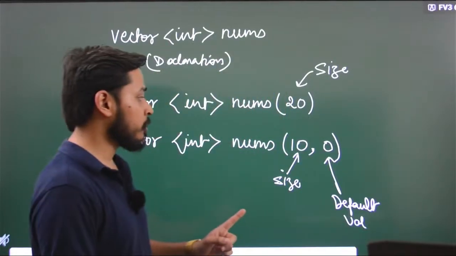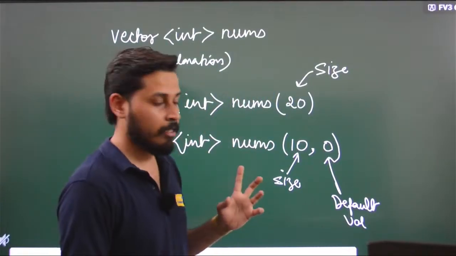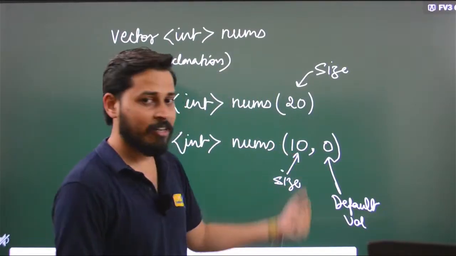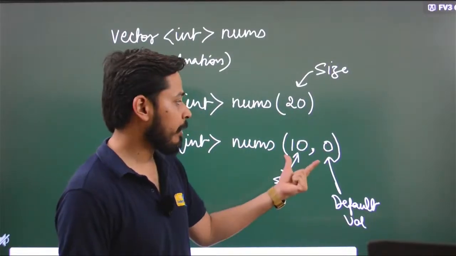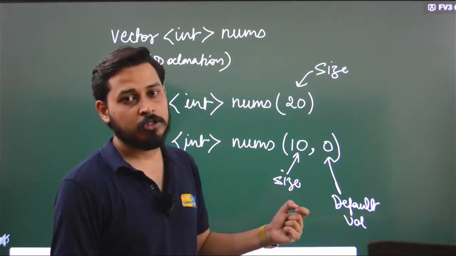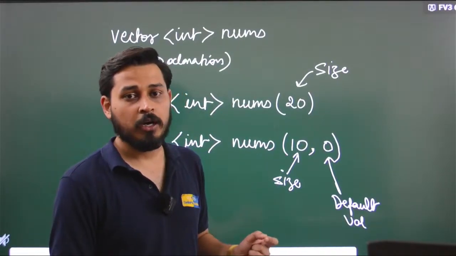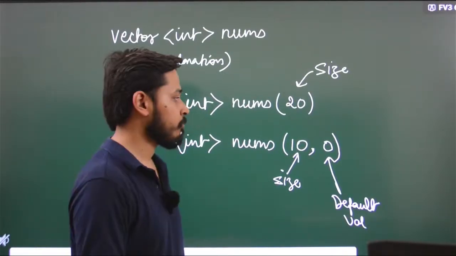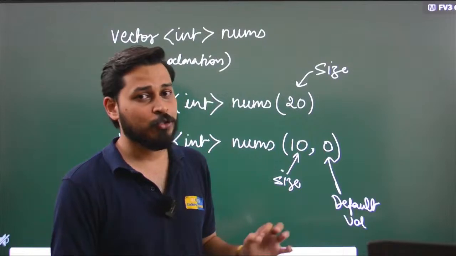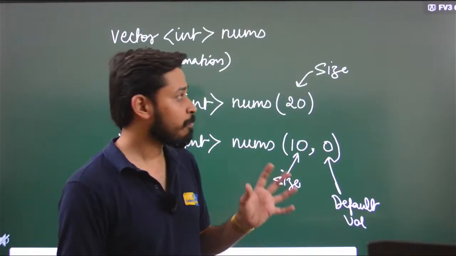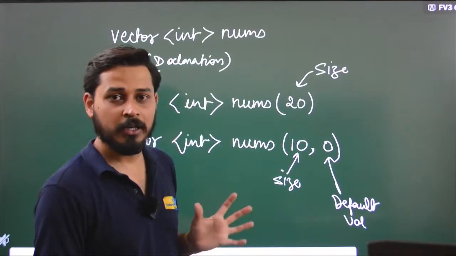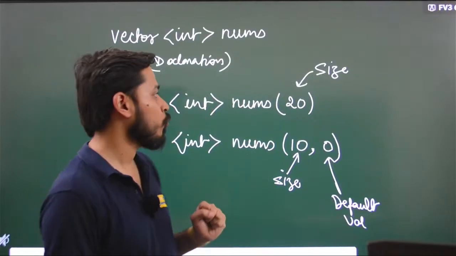We have learned just now that if you want to give the size, you can give it in the brackets, and if you have a default value, you can give it along with the size of that vector, and this will help you a lot. I'm going to execute this and show you how it works. But as of now, I hope you are getting my point, what I'm trying to do.